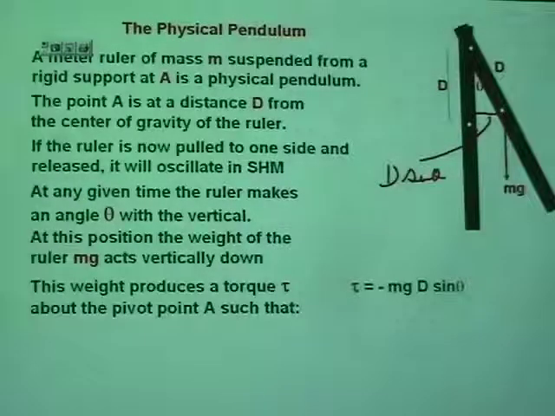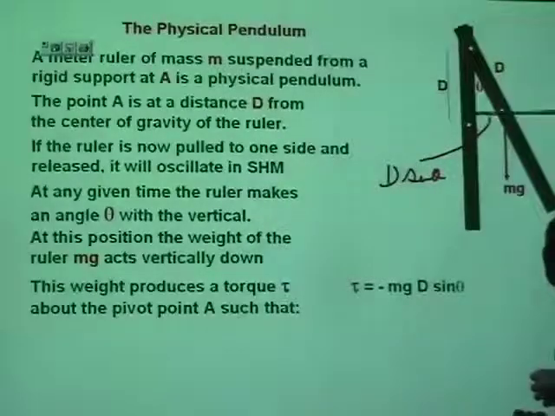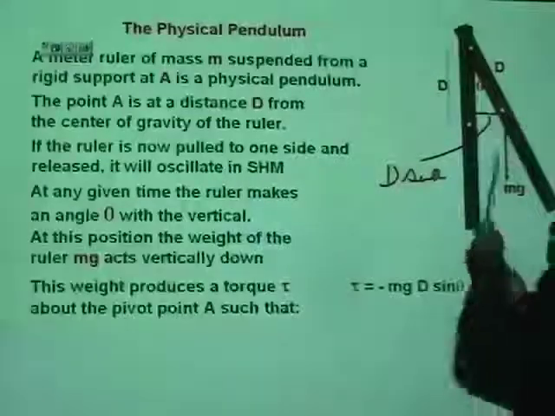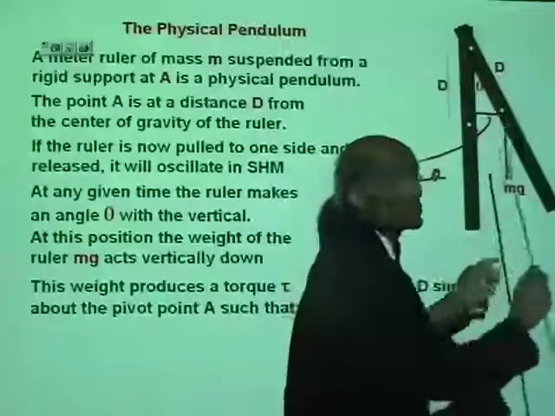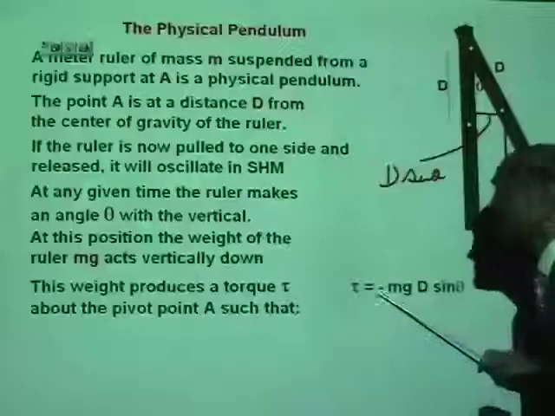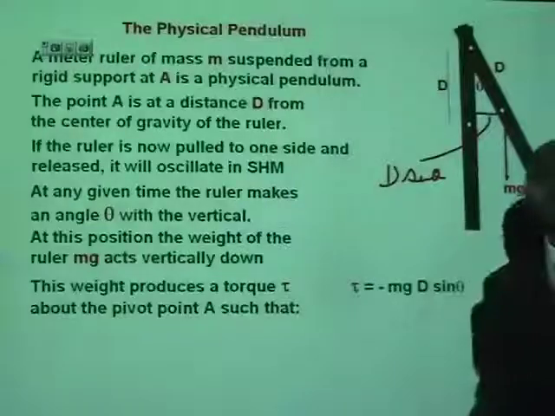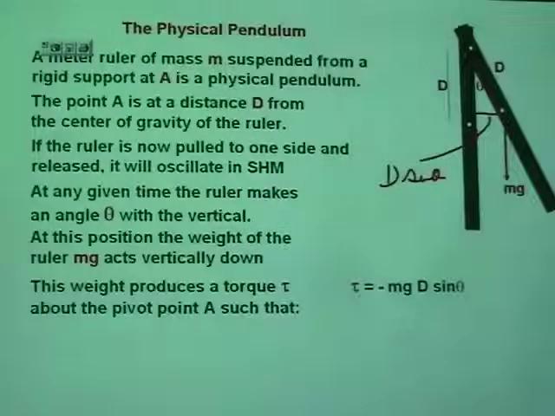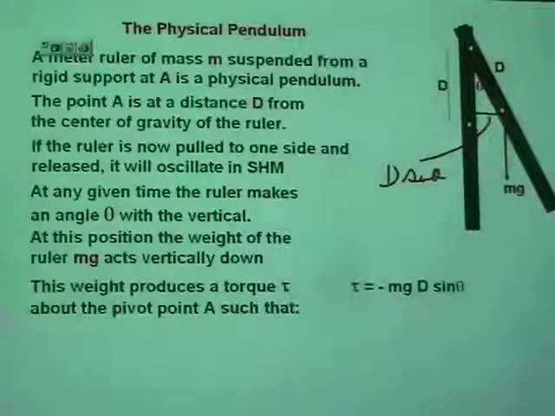The torque produced by this force about this point will be this force multiplied by that distance, d sine theta. This torque is a clockwise torque, which is negative. That's why we said tau equals negative mgd sine theta, and that is the torque produced to make the ruler rotate back.